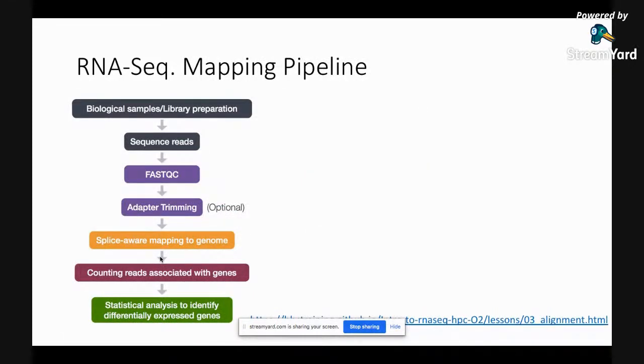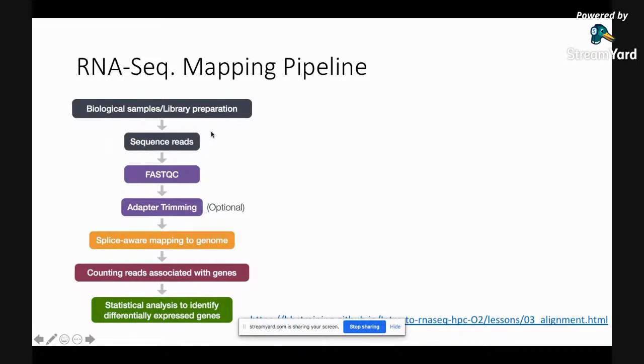So the complete mapping pipeline is a multiple step process, and we went through it for single end reads last time, and today we will go through paired end reads. But essentially, what you start off with is a FASTQ file, which is the sequence reads, right?